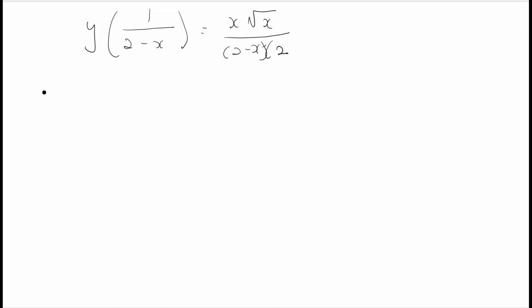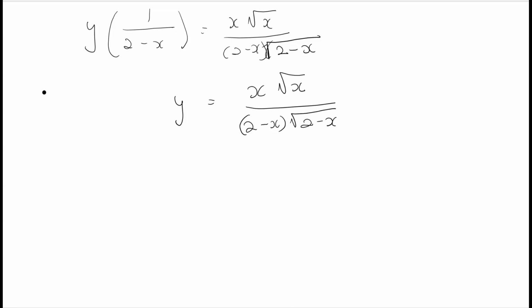So we ended up with y times 1 over 2 minus x equals x root x over 2 minus x times root 2 minus x. So y then is going to be x root x over 2 minus x square root 2 minus x.